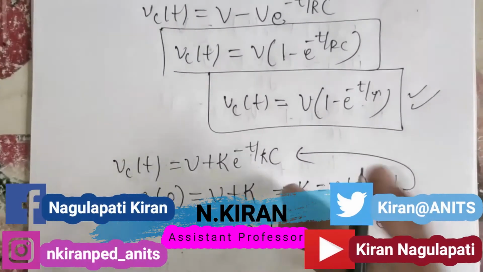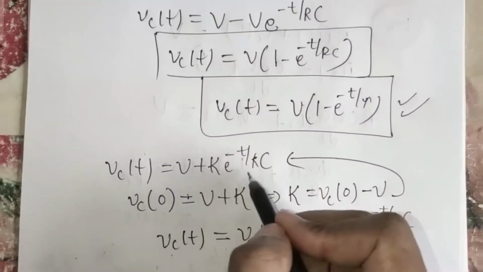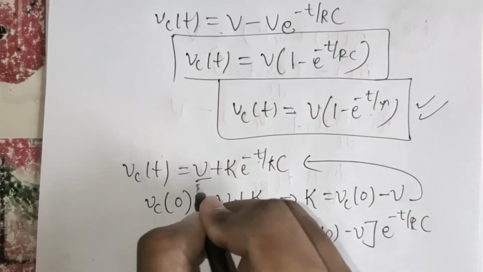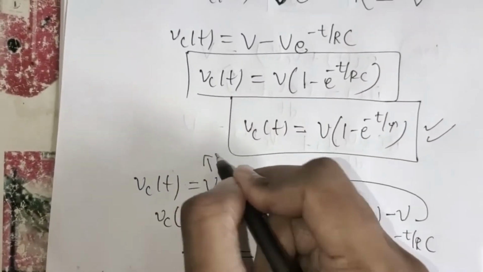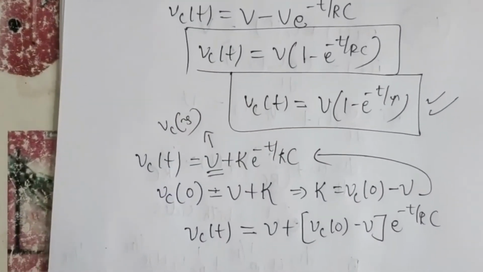So we know that for a series RC circuit, source driven, the steady state value is V. So V I can write as the voltage across the capacitor at t equal to infinity.